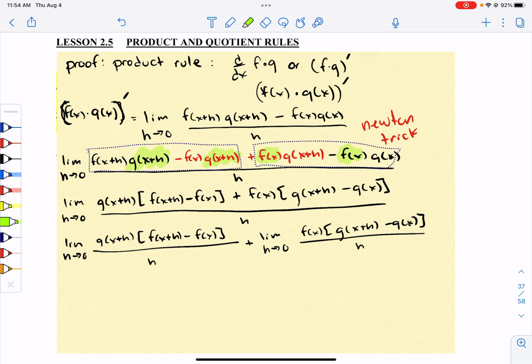But what I'm going to do now is take each of these limits and split it up again.